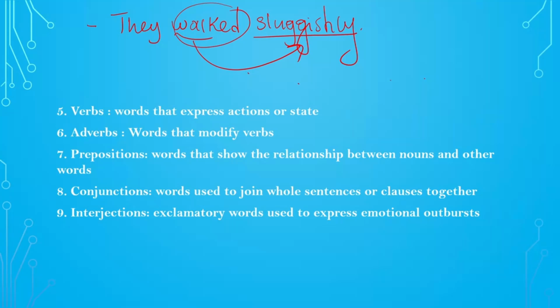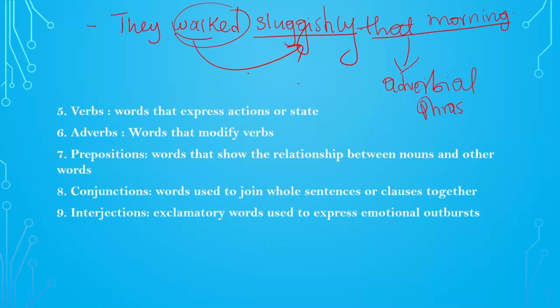So the verb walked, they were walking sluggishly, and you can even add more to it and say that morning. So again, that morning becomes sort of a complement in form of an adverbial phrase.